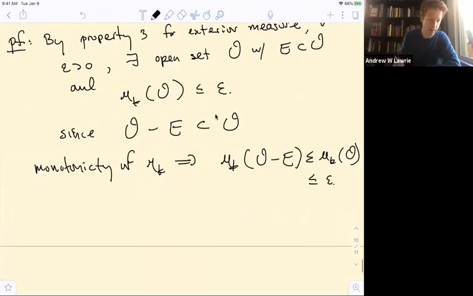And now we're done, which implies that E is measurable.